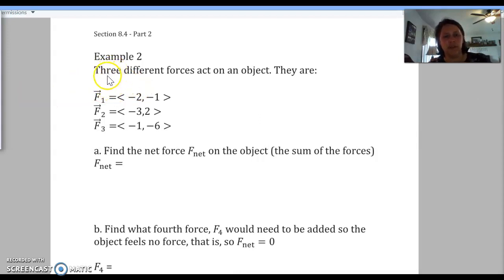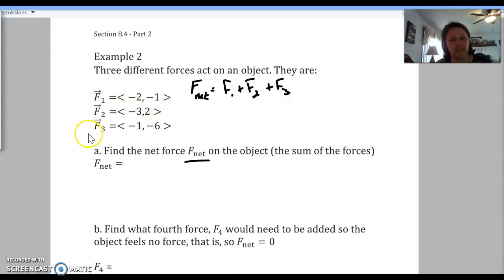So example 2, we have 3 different forces acting on an object. They are force 1 at -2, -1, force 2 at -3, 2, and force 3 at -1, -6. We want to find the net force. So remember that we said the net force is the sum of all forces. So F net is going to be F sub 1 plus F sub 2 plus F sub 3.